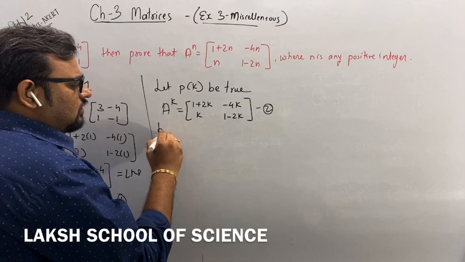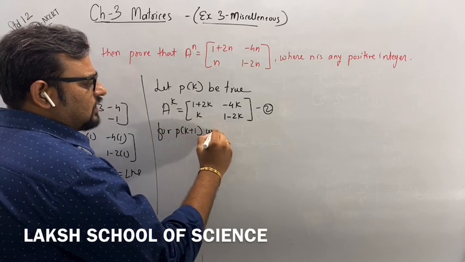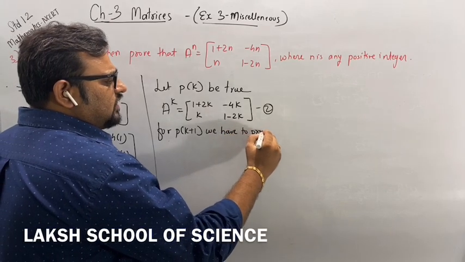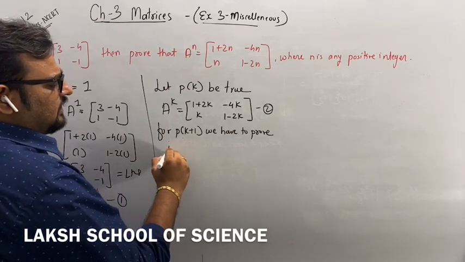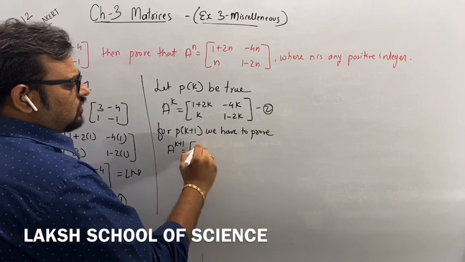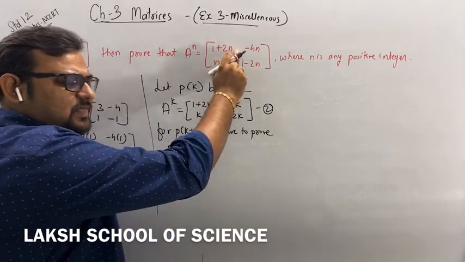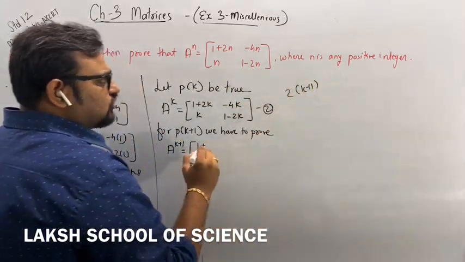Now for P of k plus 1, we have to prove A raised to k plus 1 equal to 1 plus 2 into k plus 1, that is, if I take 2 into k plus 1, this will be 2k plus 2.